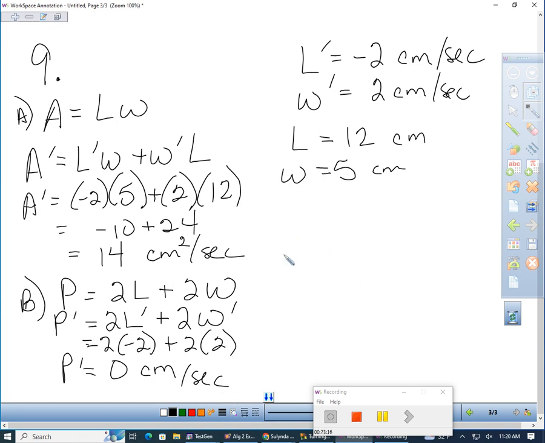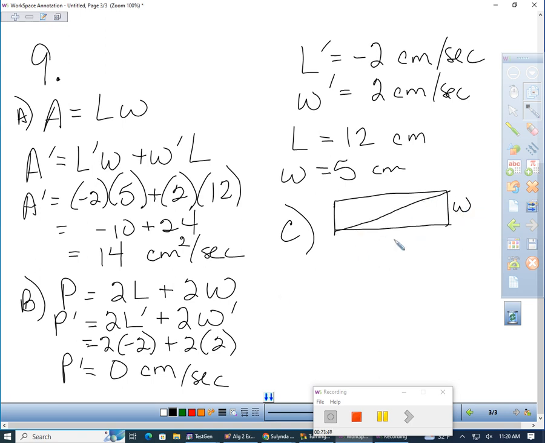Part C wants us to do the diagonal of the rectangle. So I'm actually going to do a little sketch here to begin with. We are looking for the diagonal of the rectangle.